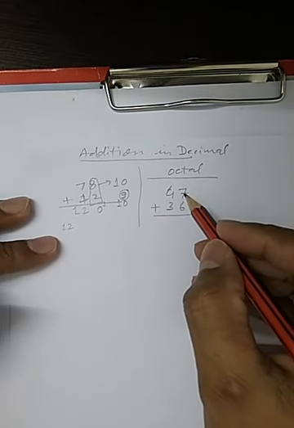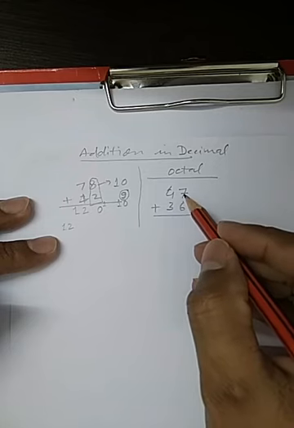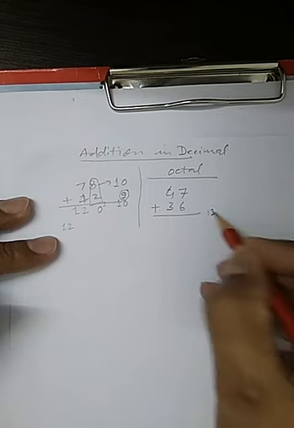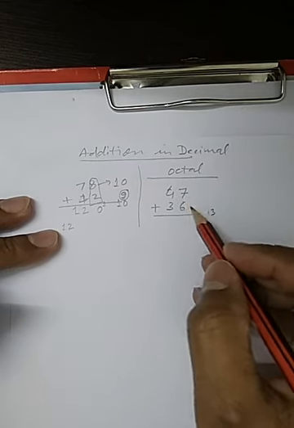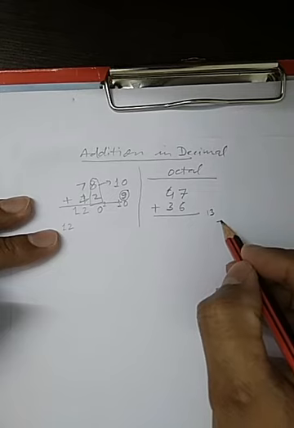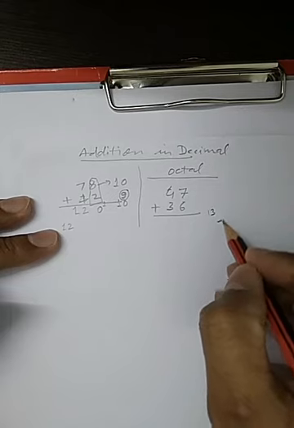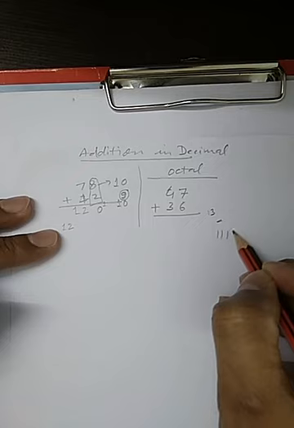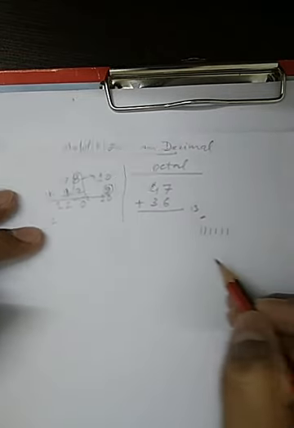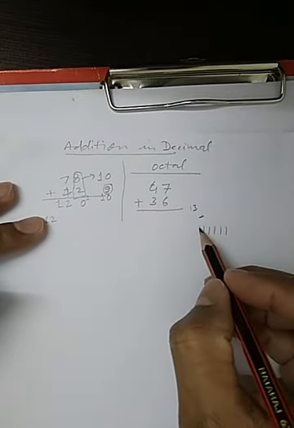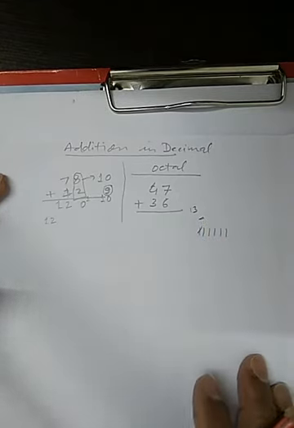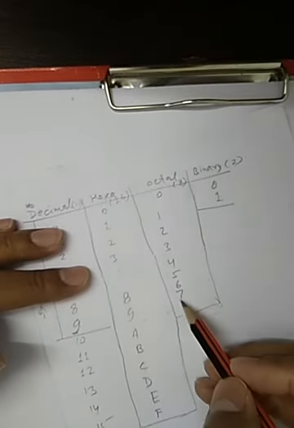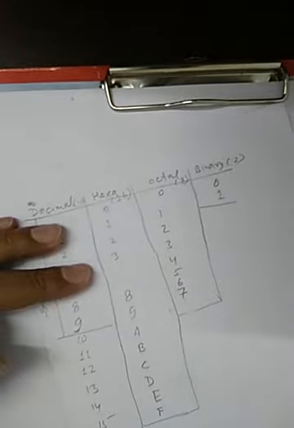What is the value of addition of these two symbols? 7 plus 3 is 10... 7 plus 6 is 13. 7 is the maximum symbol in the octal number system.